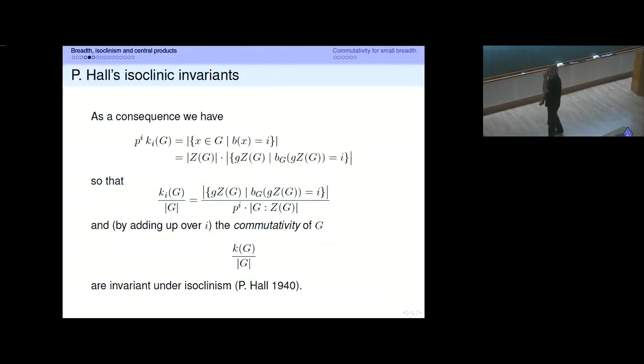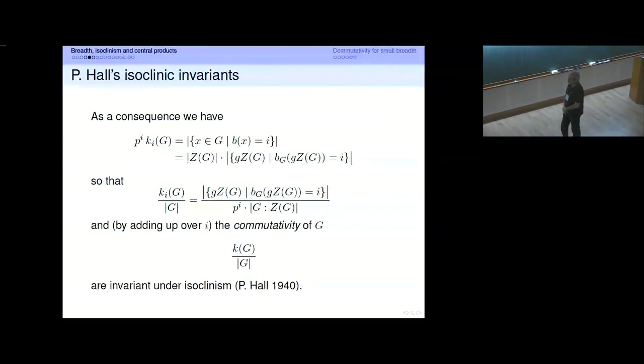Then if you take the number of conjugacy classes that have breadth p^i, and you multiply this number by the common length of these classes, you get the set of all the elements of that breadth.